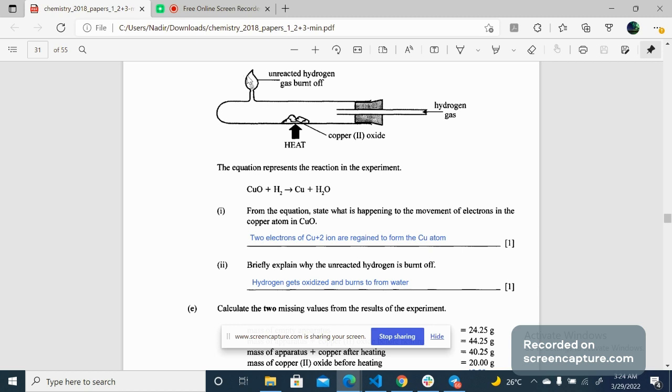And what will be the outcome of this burning? The outcome will be the formation of water. As we all know, in water there are hydrogen and oxygen. So when hydrogen and oxygen react, the result is the formation of water, and the hydrogen gets burnt when it reacts with oxygen.